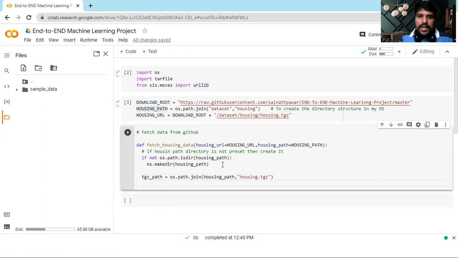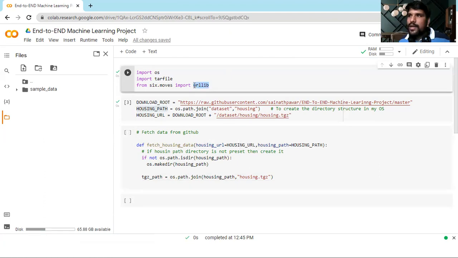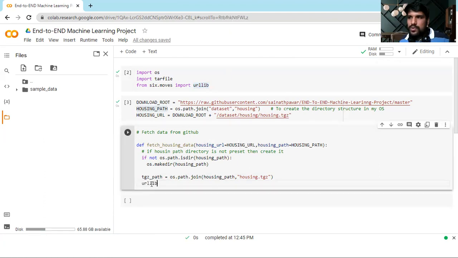What next is that I have to access that URL. To access that URL I have already used one library, six.moves. So I'll use urllib, and there is a method called request and another method, urlretrieve. Okay, it's fine.